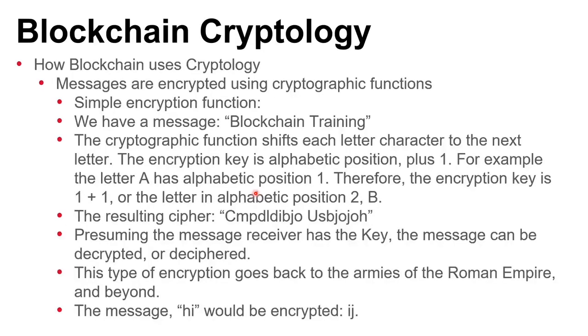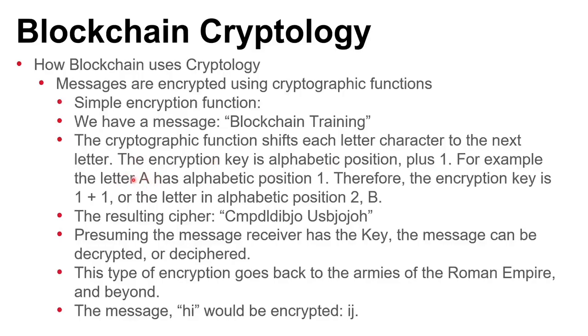And so a blockchain uses cryptology. Again, messages are encrypted using cryptographic functions. A simple encryption example: "blockchain training" could be a message. A very simple cryptographic function shifts the position of a letter or character by +1.